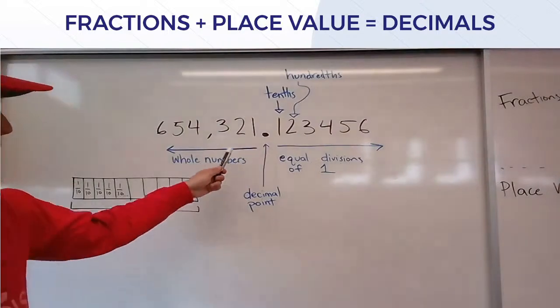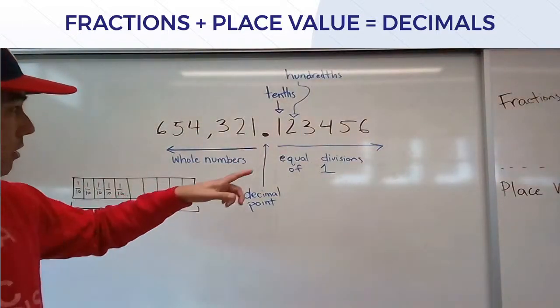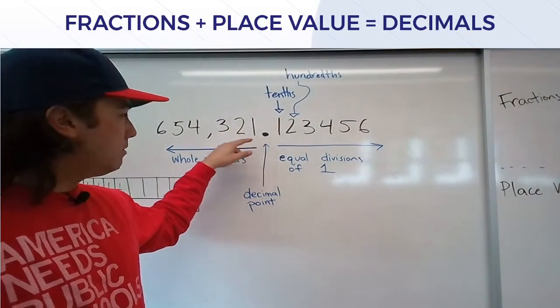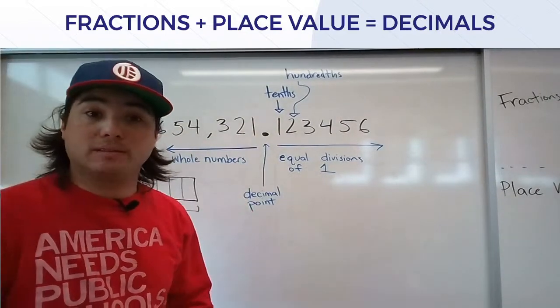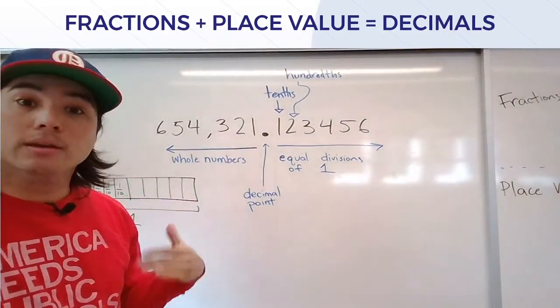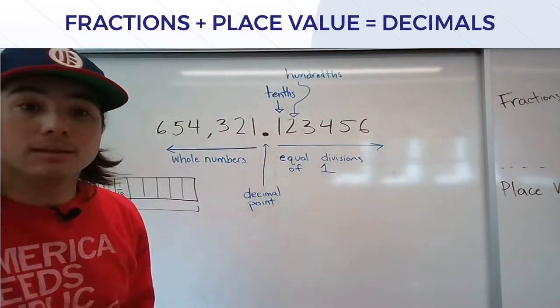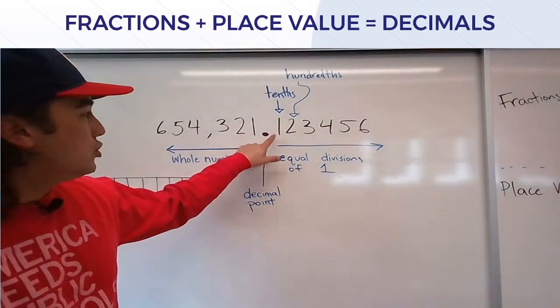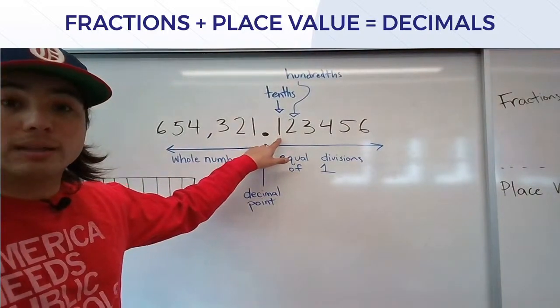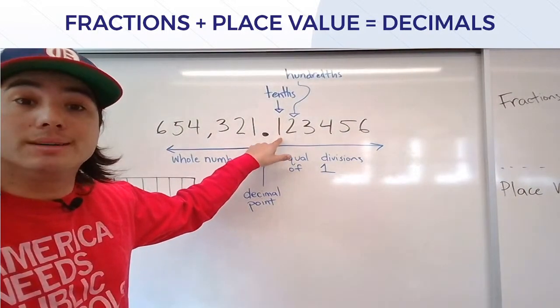Likewise with decimals. When you have 1 divided by 10, if we're following that same pattern with place value, when you move 1 place to the right, you're dividing by 10. This is the tenths place, the one directly to the right of our decimal point.